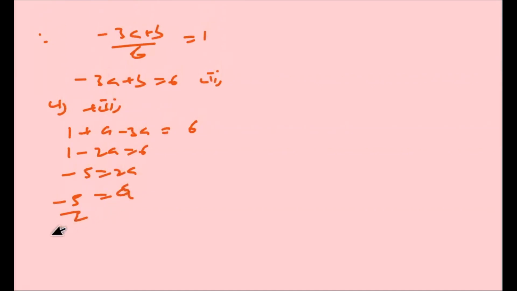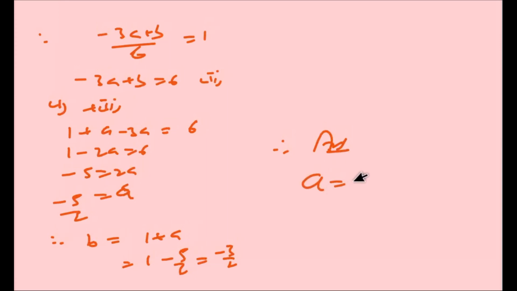And hence we can find b: b equals 1 plus a, which is 1 minus 5 by 2, equal to minus 3 by 2. Hence your required answer is a equal to minus 5 by 2 and b equal to minus 3 by 2.